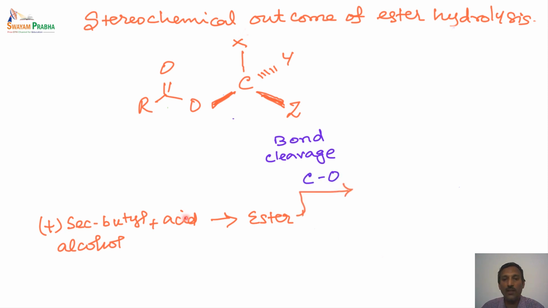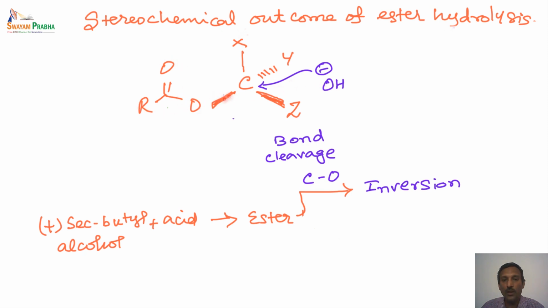So let us say we have a CO bond cleavage, that is this carbon and this oxygen. This particular bond is cleaved. Then we will get inversion of configuration. So that means the OH minus will come and attack this carbon from the opposite side of the cleaved bond. In other words, this oxygen will now go with this unit, so this side it is going to be empty.